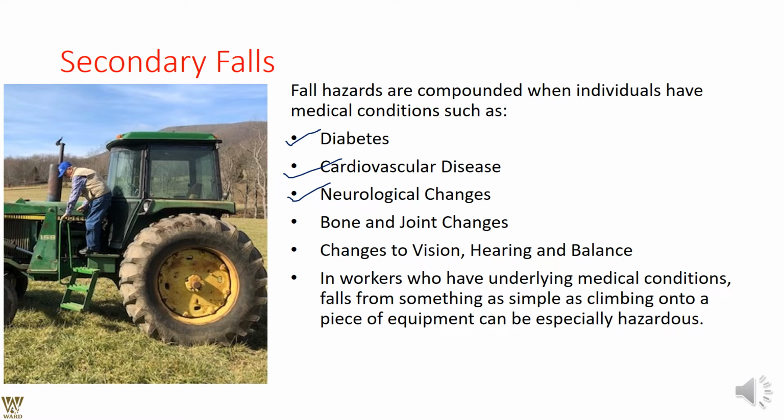Neurological, we have spoken about epilepsy, and the bone and joint pain that comes around it. People who might be very weak, probably with a loss of calcium in their bones, and it does ache. And definitely people who cannot see things properly, and probably fail to judge the actual situation. So workers with underlying medical conditions fall often. Now this is very important and needs to be taken care of.